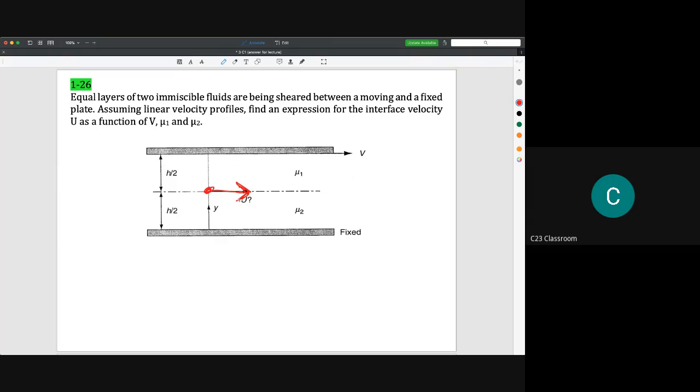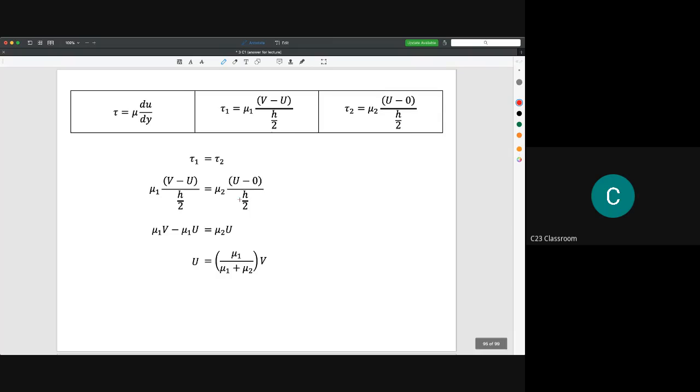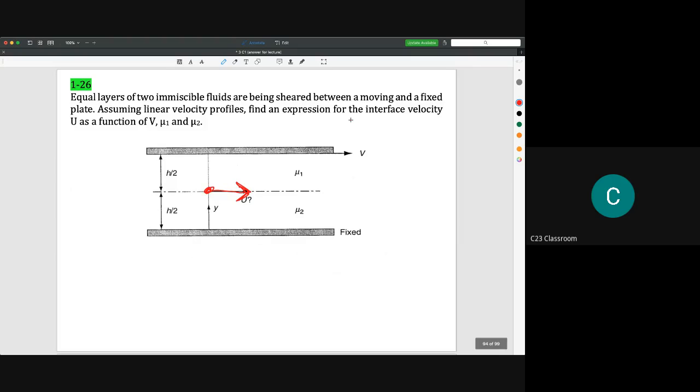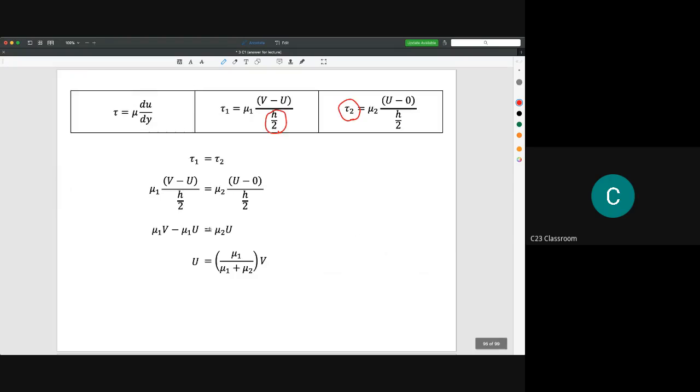The gap is h/2. For the shear stress of fluid 2, we have u minus 0, because we are talking about u here and the 0 condition at the bottom.